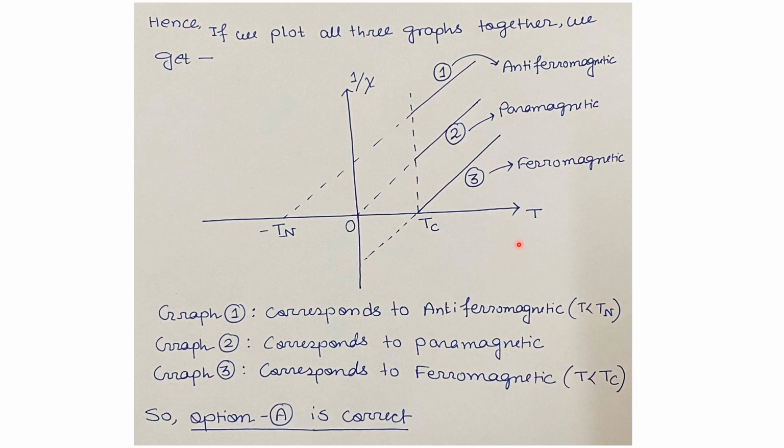From here we can conclude that curve 1 corresponds to the antiferromagnetic material for T less than Tn, graph 2 corresponds to the paramagnetic material, and graph 3 corresponds to the ferromagnetic material for T less than Tc. So according to the options, our option E is the correct answer for our question.